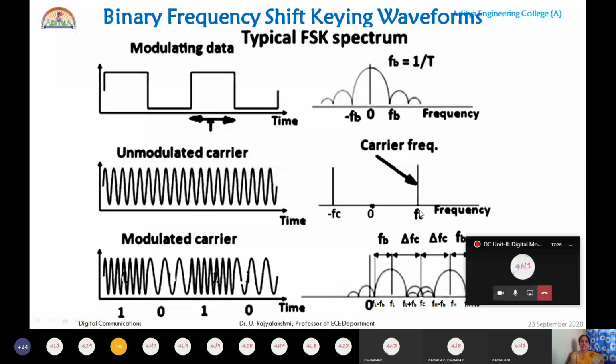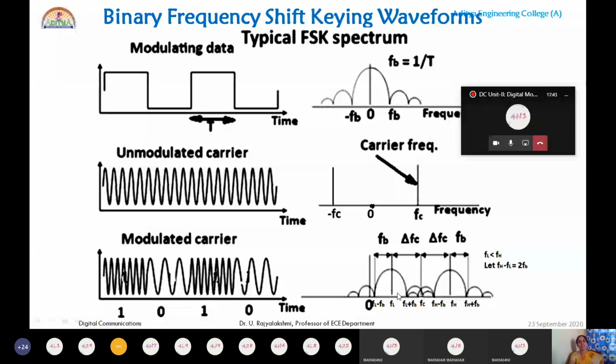Next, the third figure is our FSK modulated signal. Please observe the spectrum of the FSK modulated signal carefully. Let us recollect the generation principle. To generate the FSK signal, you need to generate two kinds of signal frequencies, one is FH and the other is FL. In the transmitter section, the FH component is multiplied by BH of t.